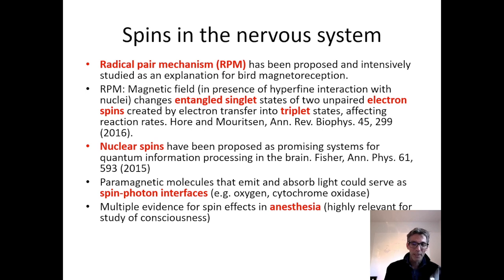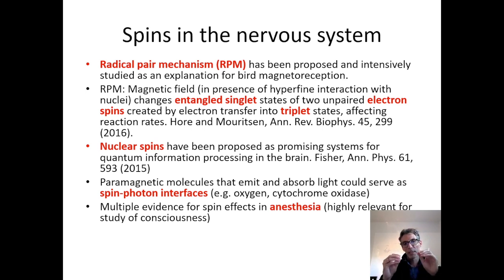There are various points here. In particular, the radical pair mechanism has been proposed and studied quite a lot as an explanation for birds' sensing of magnetic fields, which they do for navigation purposes. What the radical pair mechanism is, is that a molecule splits into two pieces, and each piece has an unpaired electron, but the spins of these electrons are entangled to begin with.